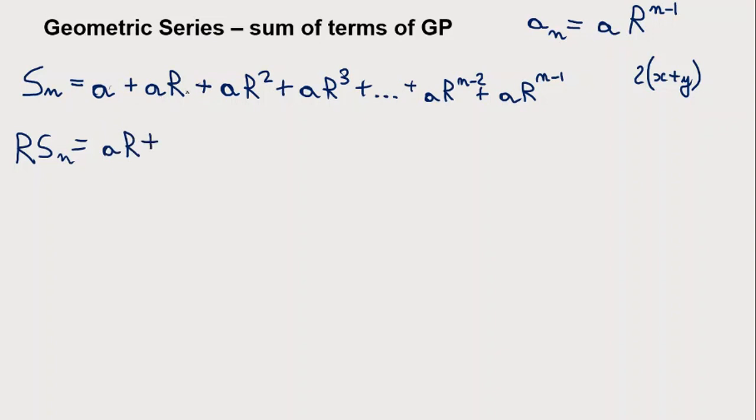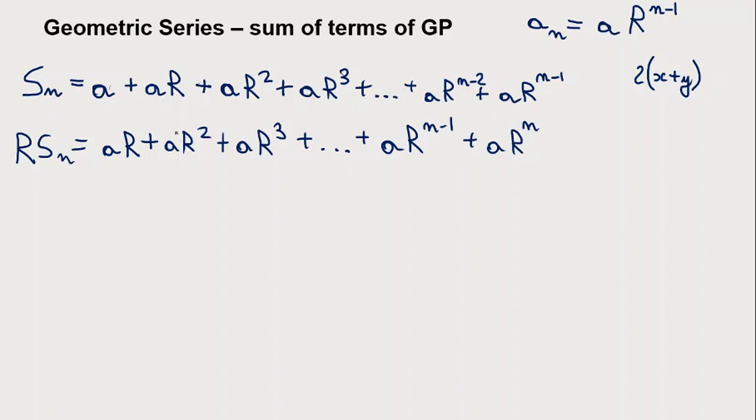Then ar will multiply with r, so that will be ar squared. Then ar squared multiplied with r is ar cubed, and so on. And then at the other end, ar to the power of n minus 2 times another r is actually ar to the power of n minus 1, and the last term becomes ar to the power of n, just applying the laws of indices discussed earlier in the module.